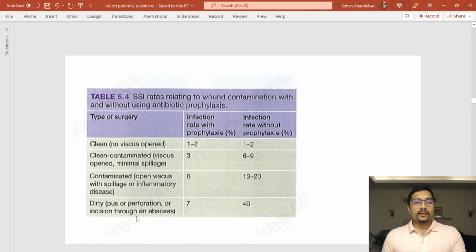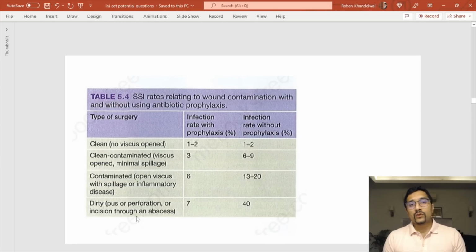Again, a very, very important table where you should know about clean, contaminated, and dirty wounds. You should know the examples, and you should know the risk of surgical site infection with antibiotic prophylaxis and without antibiotic prophylaxis. We know that the best time for antibiotic prophylaxis is 30 to 60 minutes prior to surgery.